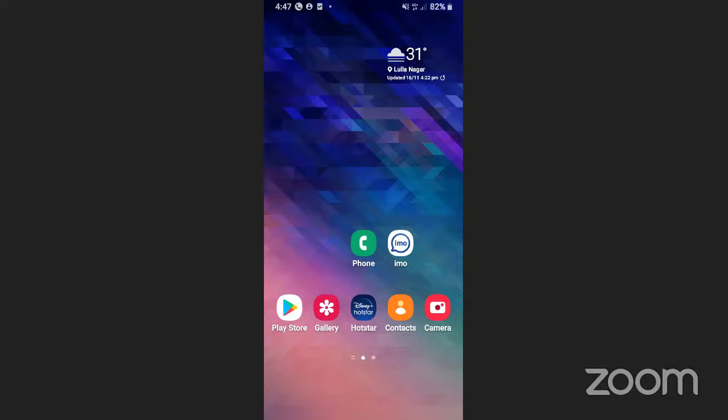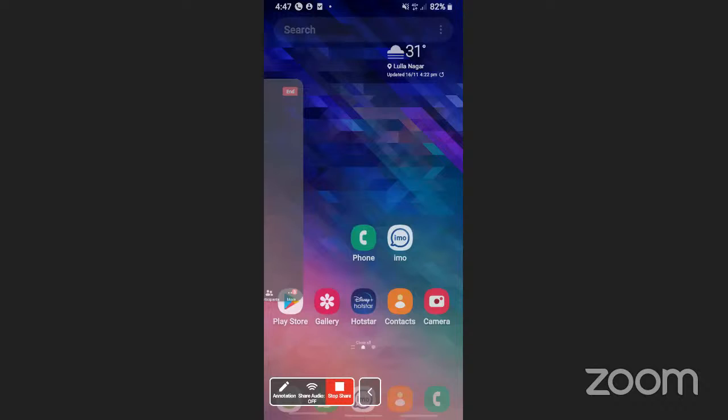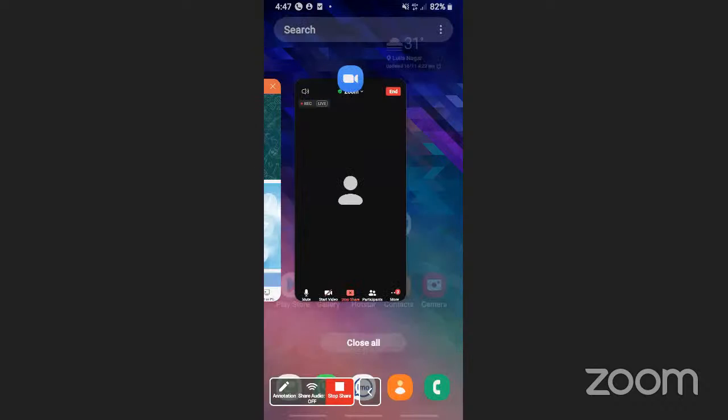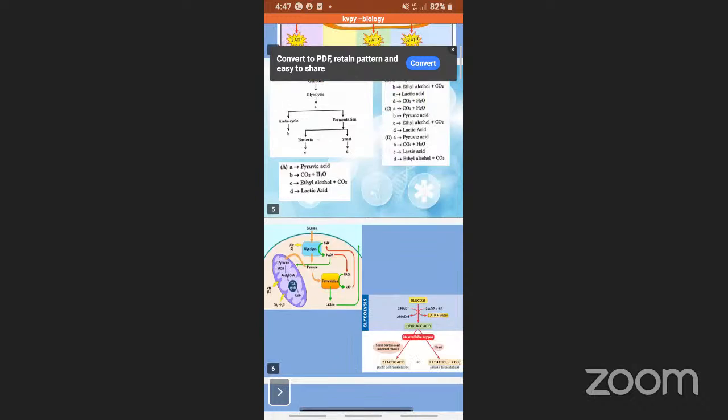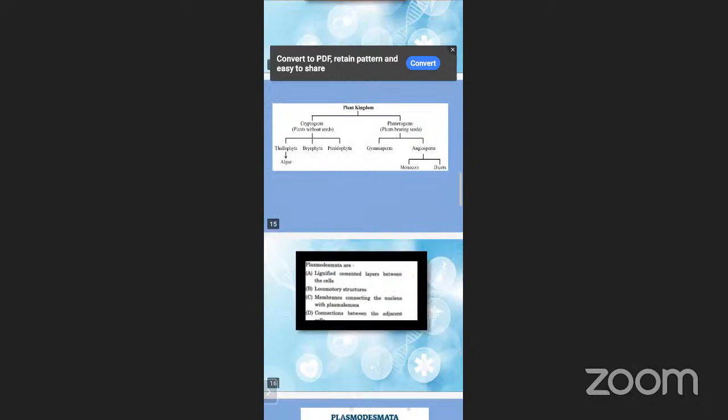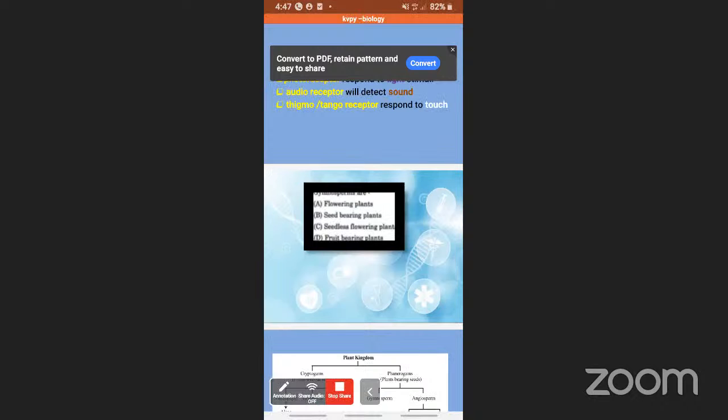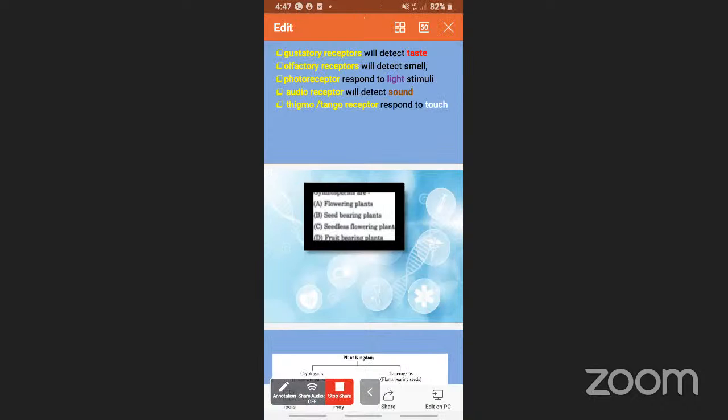Okay, let's start, people. Vascular and non-vascular. Now, is the screen visible?